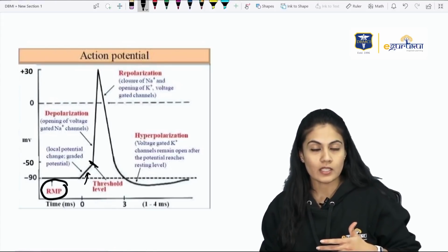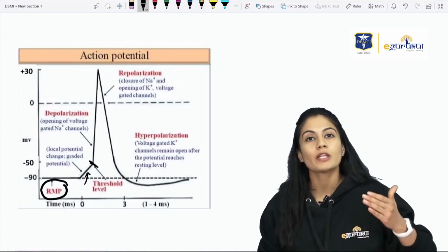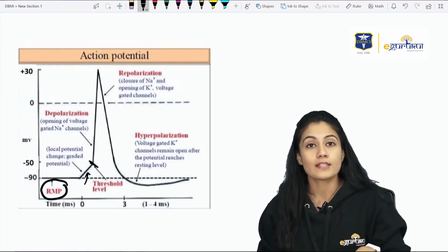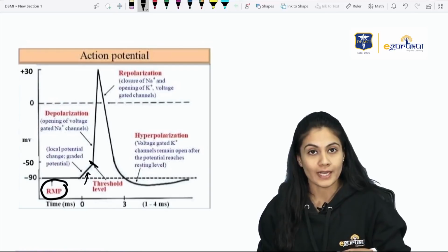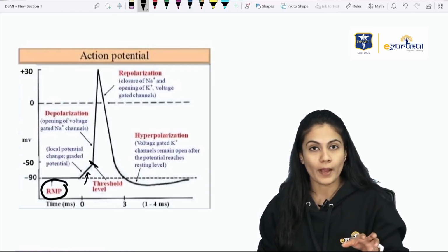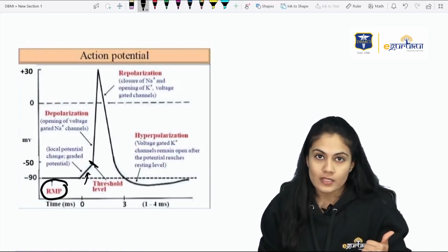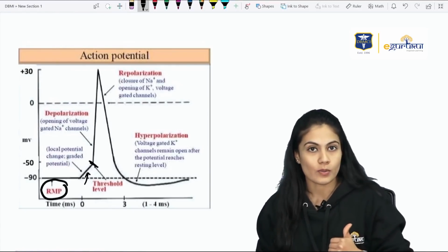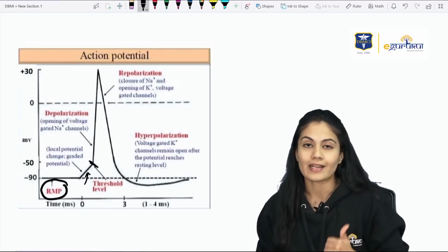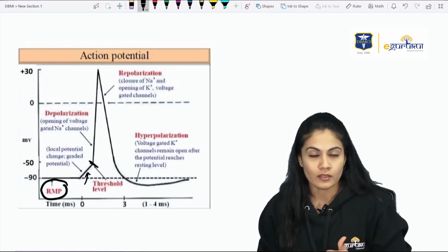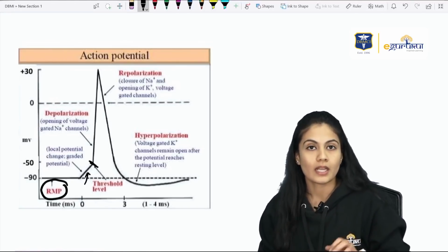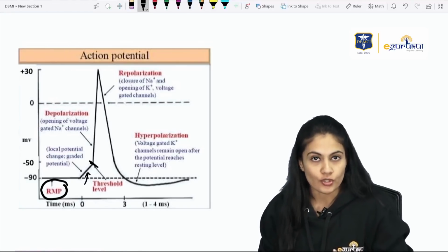Repolarization means coming back towards the RMP, that is negativity. Depolarization means moving away from the negativity. Sodium channels open up, sodium is more outside of the cell and comes inside, making the cell more positive, and that's why we get depolarization. That happens because of the voltage gated channel; there is no ligand to bind on a receptor. They are activated because of the voltage.